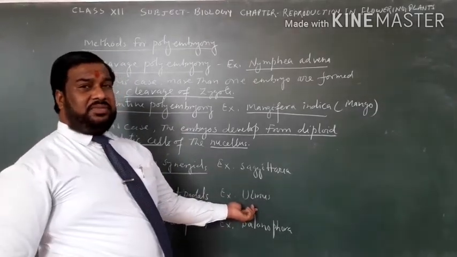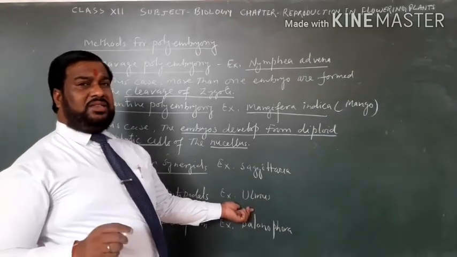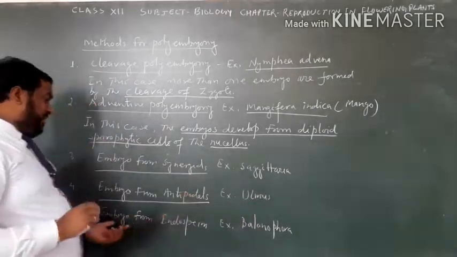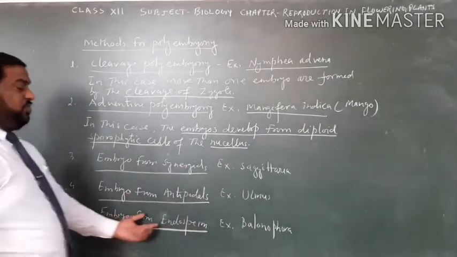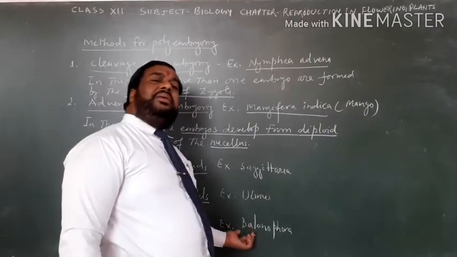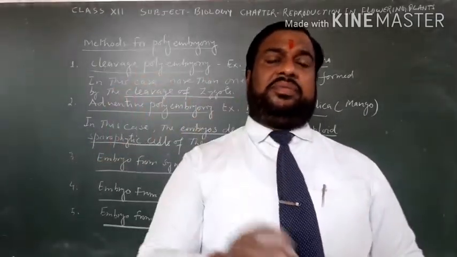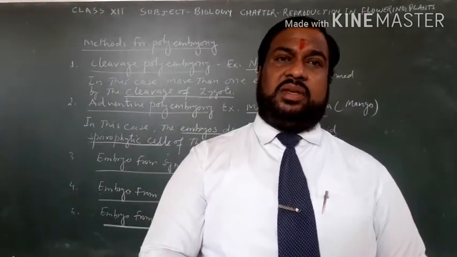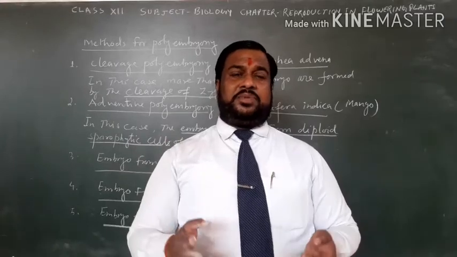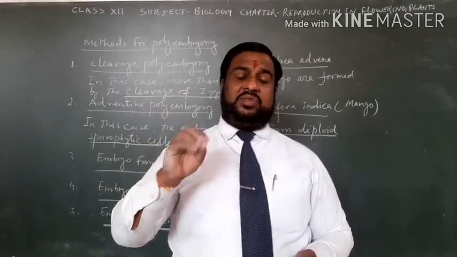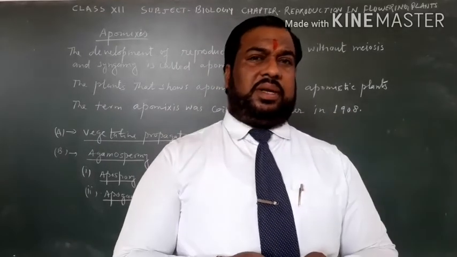In Ulmus, embryos develop from antipodal cells. Next is embryo from endosperm, for example Balanophora, where embryos develop from endosperm. So this is about polyembryony, its types and methods in flowering plants.